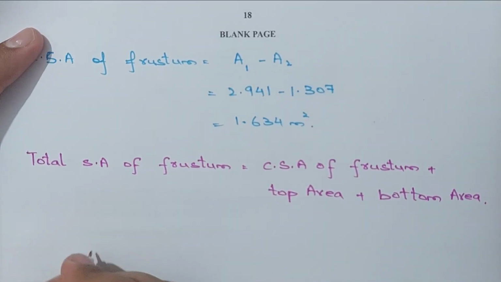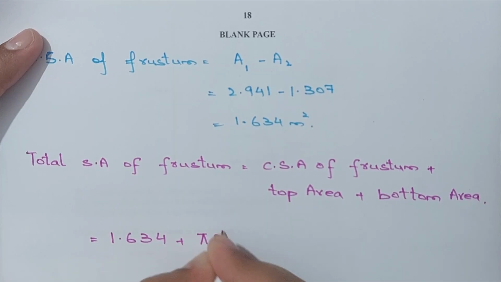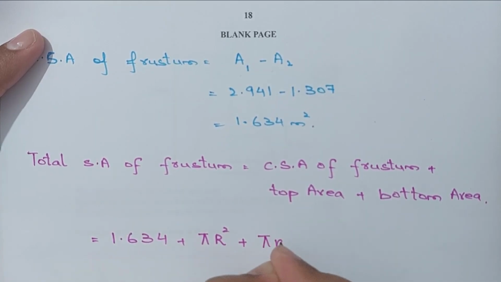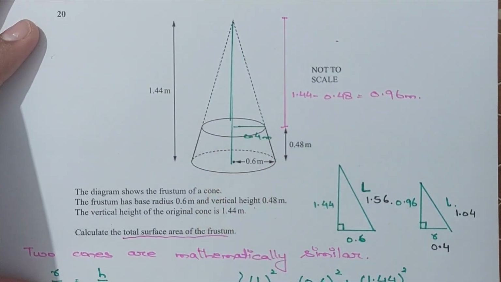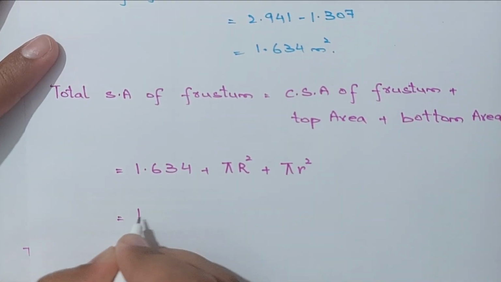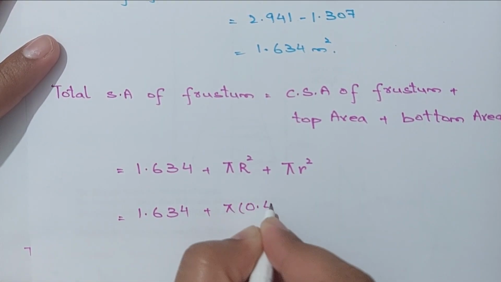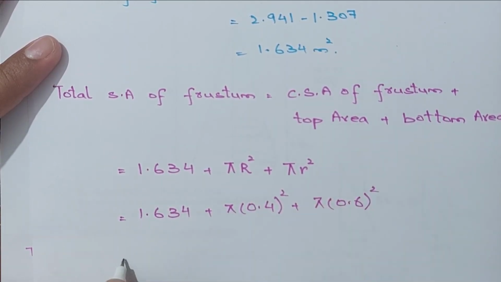We have done the curved one, which is 1.634. The top one is a circle, pi r squared. The bottom one is also a circle, pi r squared. The small radius and the large radius, 0.4 and 0.6, we have to use. So 1.634 plus pi times 0.4 squared plus pi times 0.6 squared.